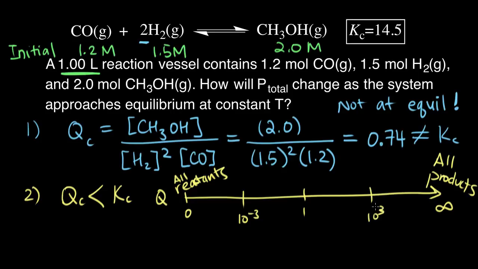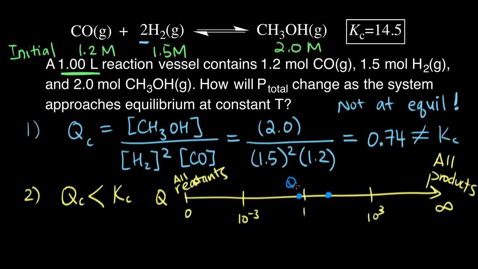What we're really worried about here is just looking at the relative value of Q and K and seeing how the reaction concentrations are going to shift. So Q, we can put on our number line, is somewhere around here. And K is 14.5, so we'll say it's somewhere around here.